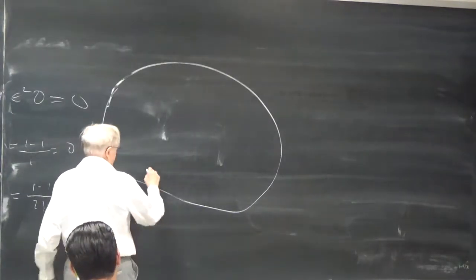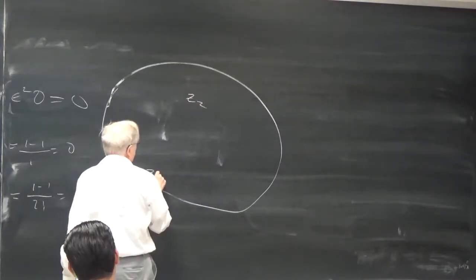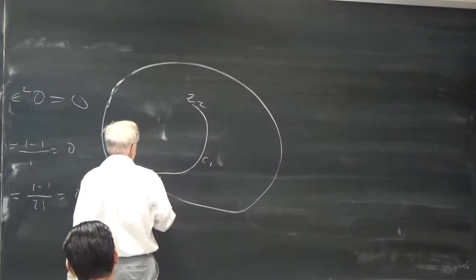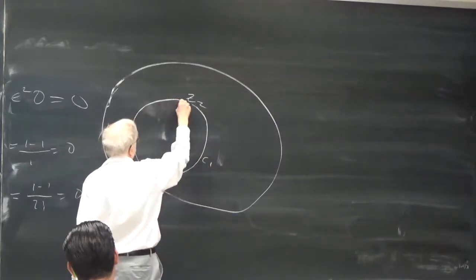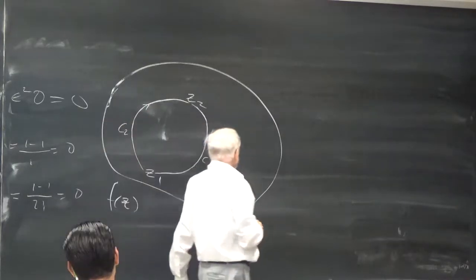And we have some point z1 and some point z2, and we integrate along contour 1, and we compare that with the integral along contour 2.